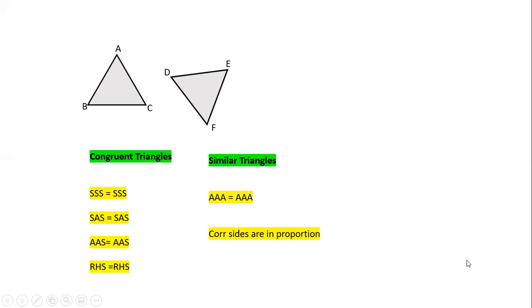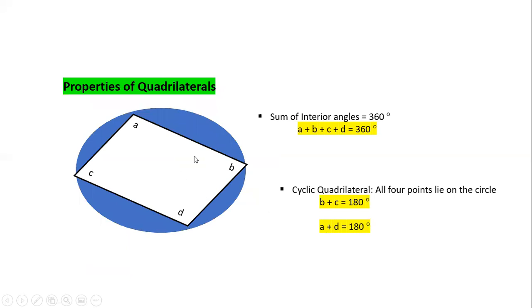Should always remember that. And then we have our quadrilaterals. The properties of our quadrilaterals: we know that the interior angles all add up to 360 degrees. And then we have what we call the cyclic quadrilateral. What does that mean?